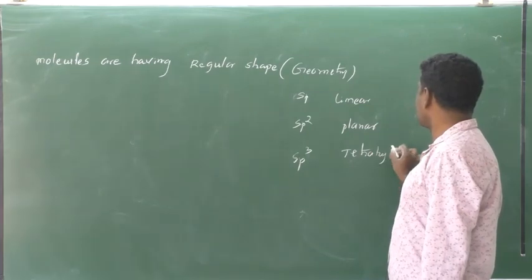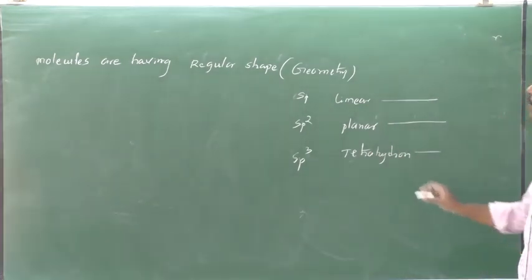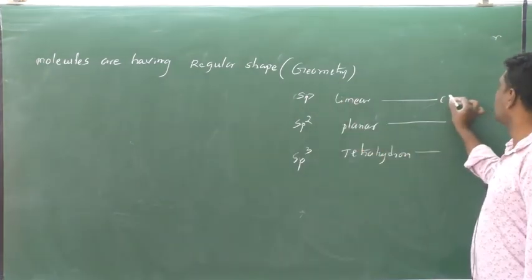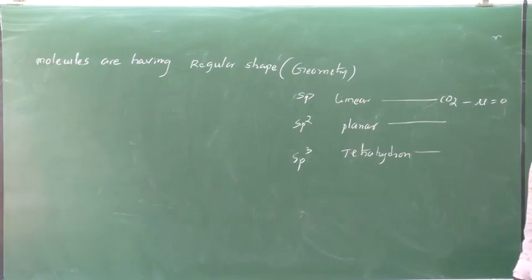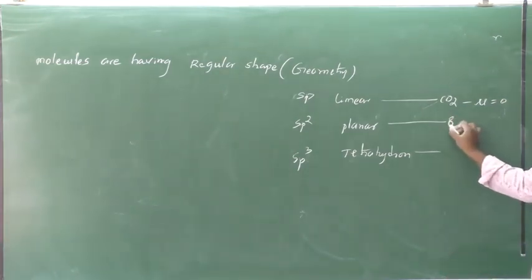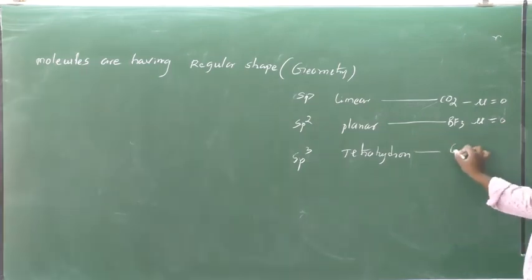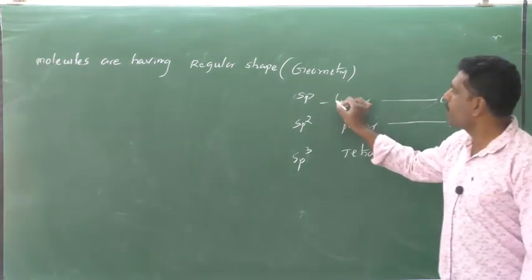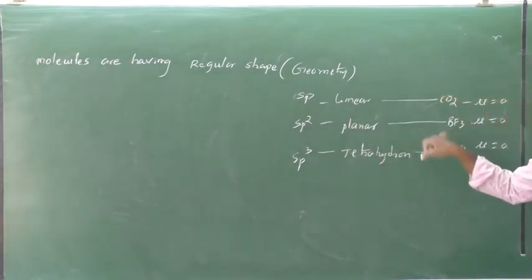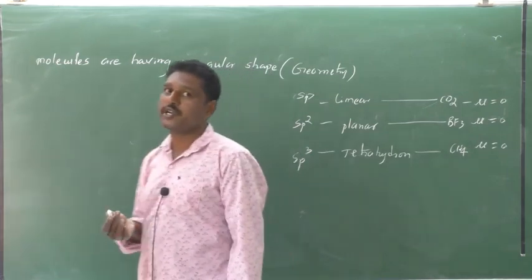If they have regular shape, for example sp hybridization and linear shape is CO2. For CO2, mu equal to 0. Planar sp2, BF3, mu equal to 0. Tetrahedron, CH4, mu equal to 0. Hybridization and shape are the same, regular shape.